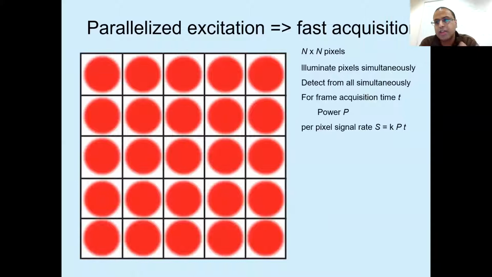Because you're illuminating all of the pixels at the same time and detecting from all of them at the same time, if you acquire the image with some acquisition time t and you put in some illumination power p, all of the pixels are giving you information at the same time. And so the signal rate that you get back is just proportional to the exposure time and the amount of illumination power you put in. So in that sense, it's fast.